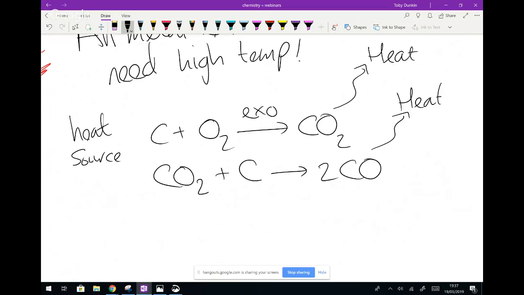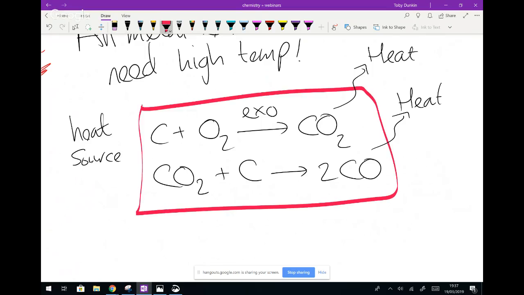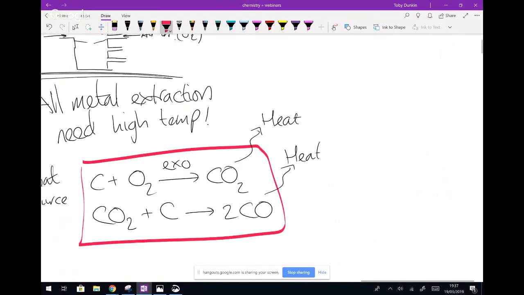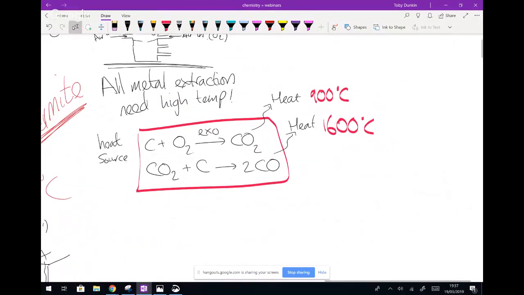So these are the 2 equations for the heat in the blast furnace. The first reaction produces about 900 Celsius, but the second reaction pushes it up to 1600.